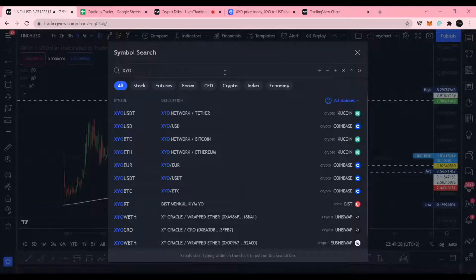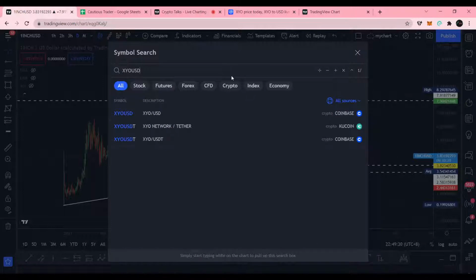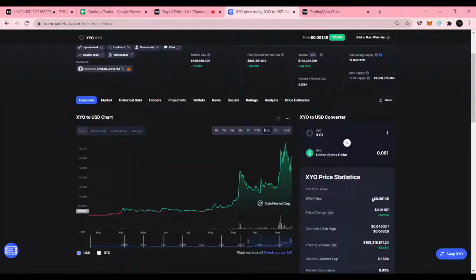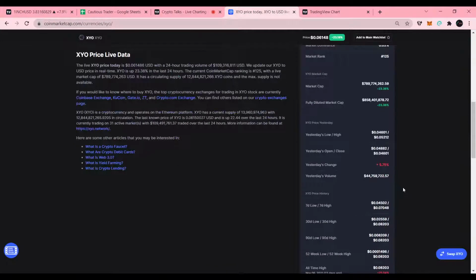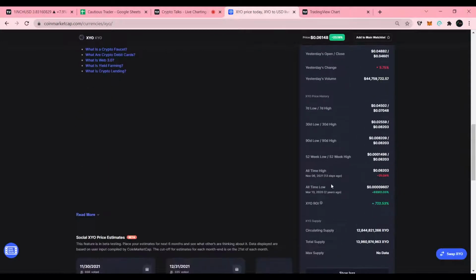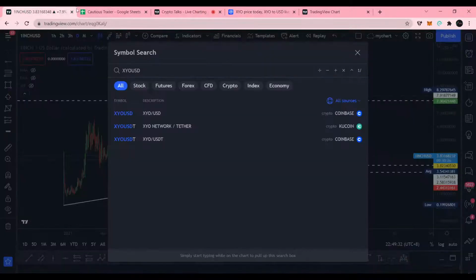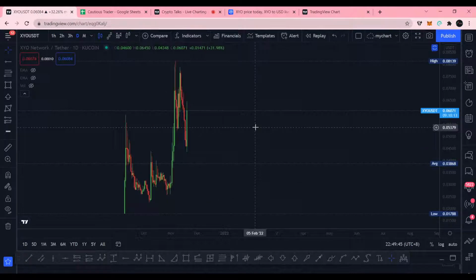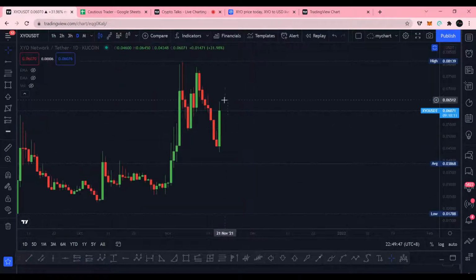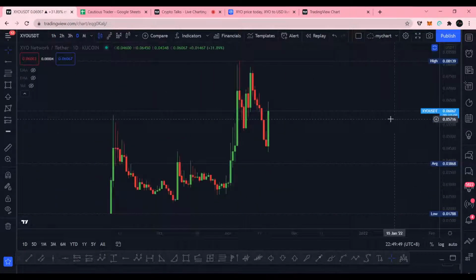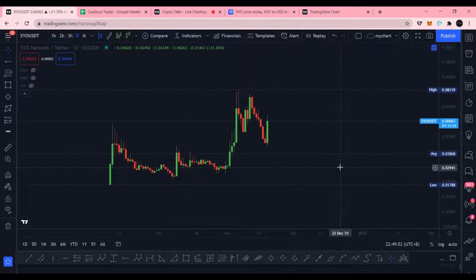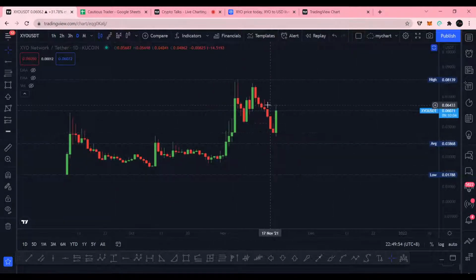XYO USD. What's the highest price, the all-time high? It's 13 days ago, 8 cents. So maybe we'll just use the KuCoin chart. Oh, it's actually a bullish engulfing candle. Bullish engulfing right away. One, two, three.